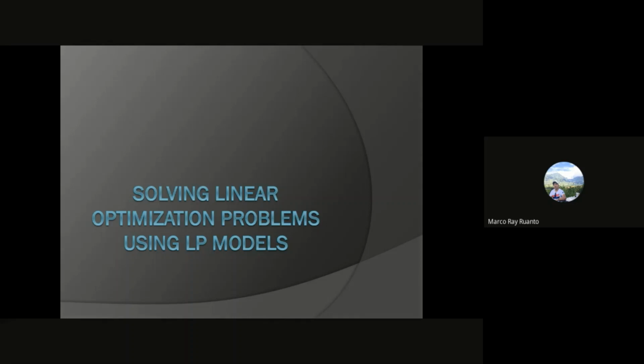This is not the kind of planning where you make a blueprint. It's related to business planning. So usually in business planning, we will try to either maximize the profit or minimize the cost. So that is the common problem where we apply linear programming models.